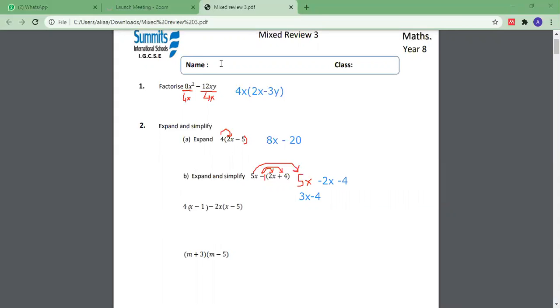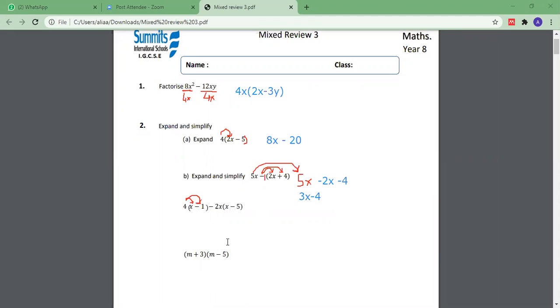First of all, I have 4 multiply x minus 1, so 4 multiply x, and then 4 multiply negative 1, which will be 4x minus 4. Be careful, you have to multiply.